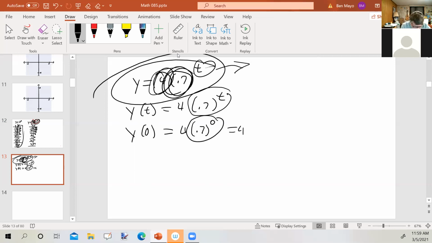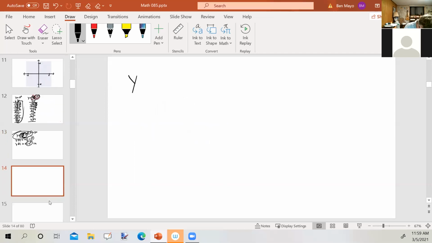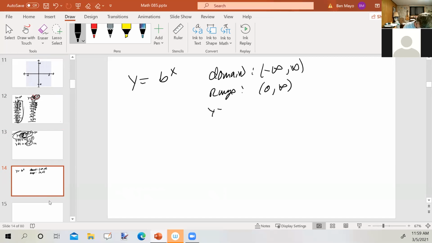You know, I just thought about something here that I think I wrote incorrectly. Maybe not, but let me look. I think this is okay. If I have this, we say that the domain is all real numbers and the range is greater than 0, and the y-intercept was at (0, 1).